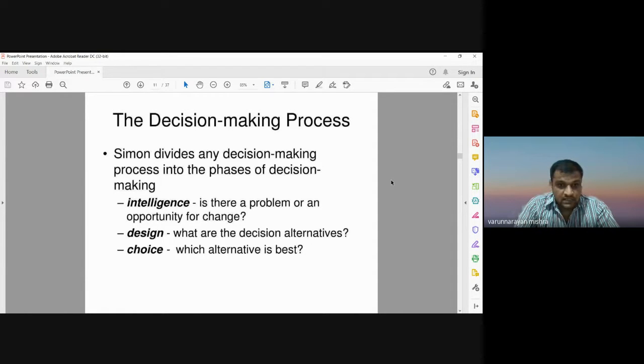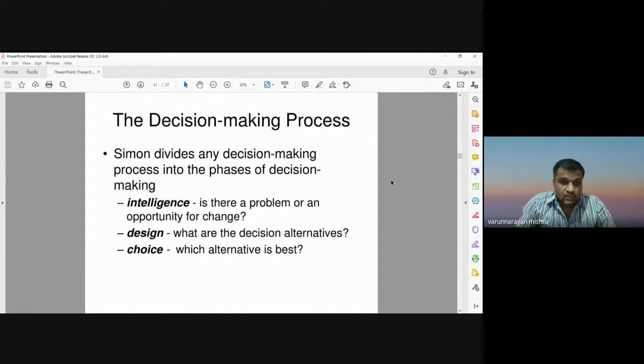The decision making process can be defined by Simon. Simon divides any decision making process into three phases: intelligence, design, and choice. Intelligence: first we need to check, is there a problem or an opportunity? First you need to define the problem. Then design: what decision alternatives may be possible. And choice: which alternative is the best.